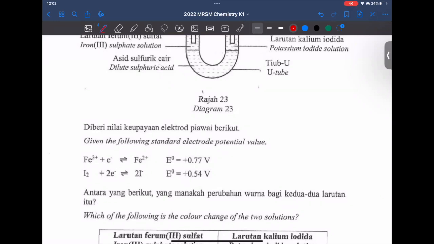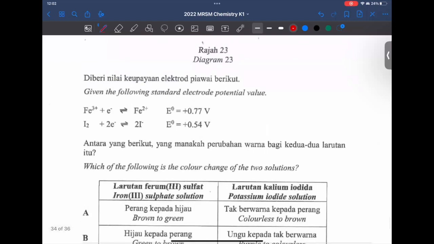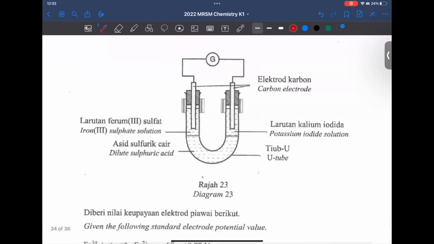So I will say right now that in this case, Fe3+ will most likely accept electrons to form Fe2+.